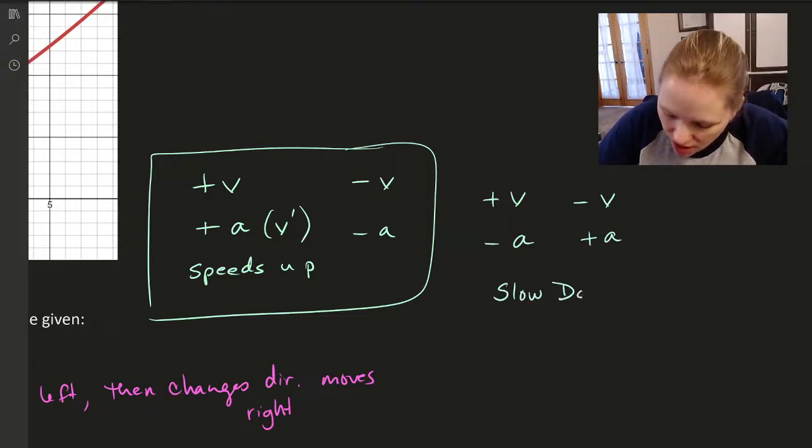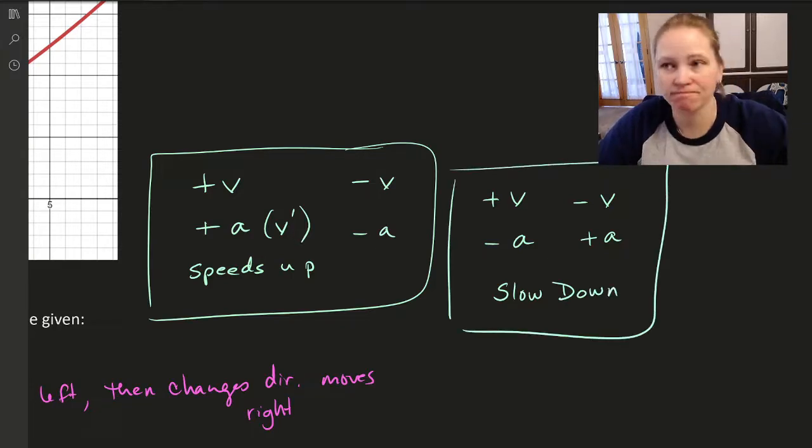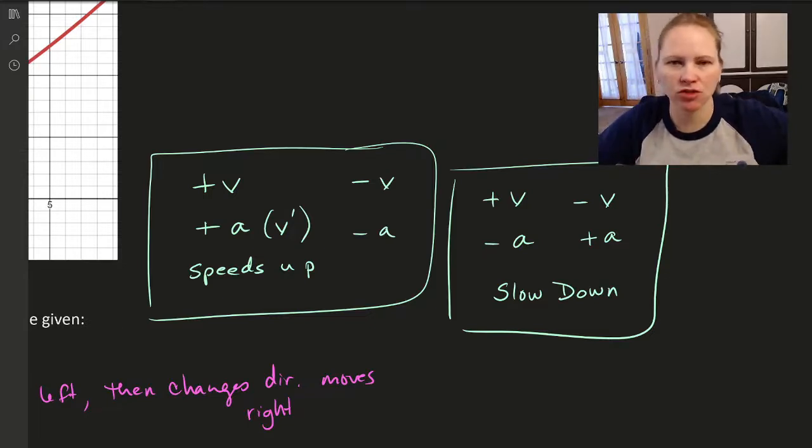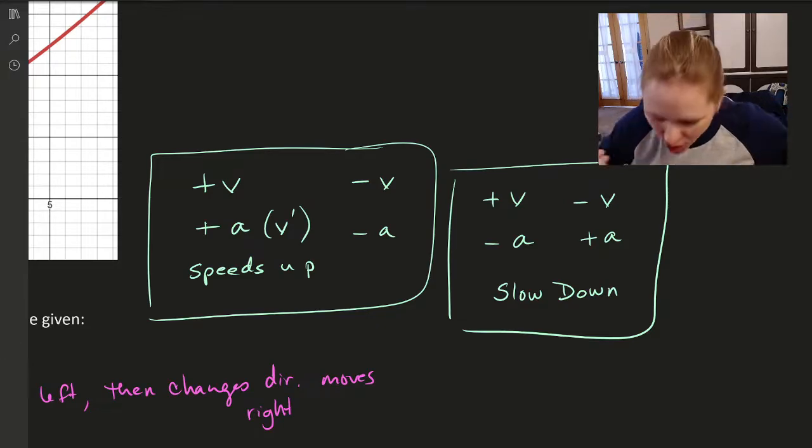The reason is that acceleration is also a directional thing. When it's positive or negative, that force of acceleration is working in a certain direction. If your velocity is working in one direction and your acceleration is working in the other, then they're fighting each other and you have an object that's slowing down.